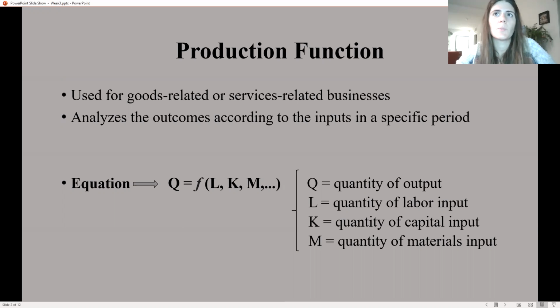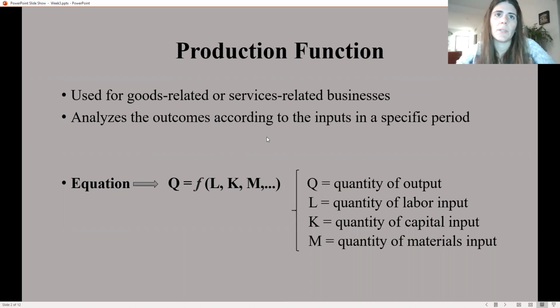The inputs could be related to labor, such as employees, subcontractors, corporation expenses, etc. It could be related to capital, such as machines, tools, manufacture. It could be related to materials such as raw material and supplies, and all the things that are related to the product, for example.